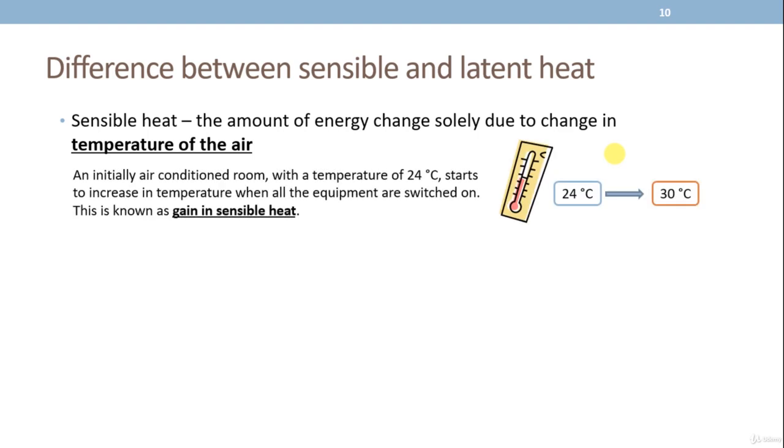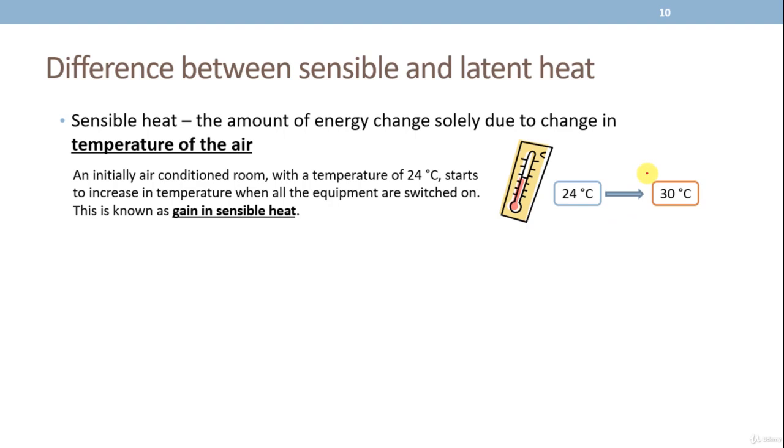For example, when you go into an air-conditioned room and you start to switch on all the equipment, you start to switch on the lighting, and people start to occupy the space, every single piece of equipment or human will start to generate heat, and this heat will be absorbed by the air, so the temperature will start to increase slowly. Let's say you are not using an air conditioner to reduce the temperature. You just let it get heated up naturally. Temperature will start to increase naturally.